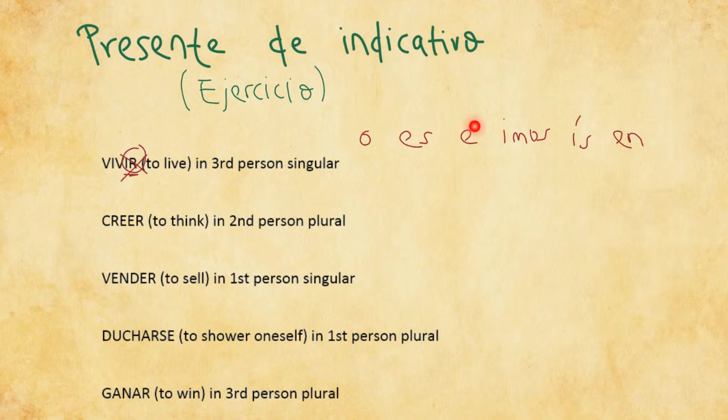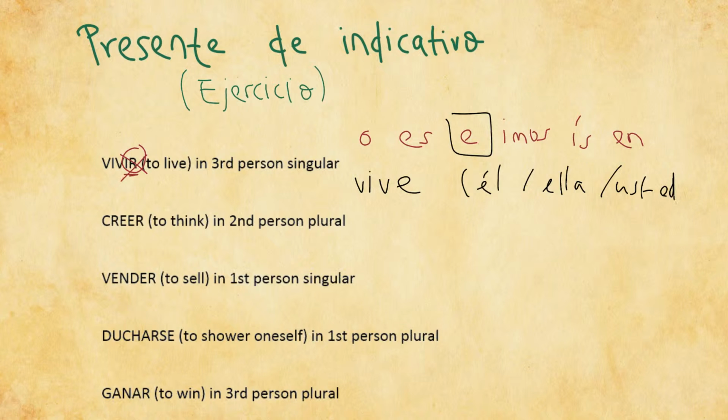So 1, 2, 3. This is the ending that we want. This is the ending for he, she, it, or in Spanish, él, ella, and usted. So we put away the ending, the IR. We're left with viv. This is the root. And we already know that this is the correct ending to add there. So we say vive. So right now we have él, ella, or usted.